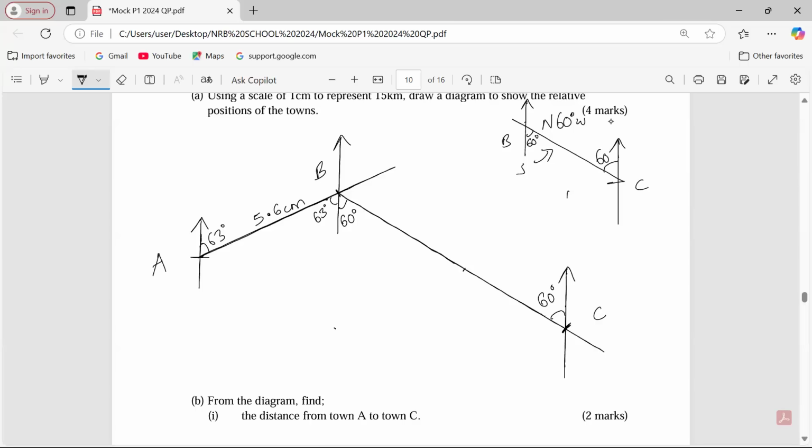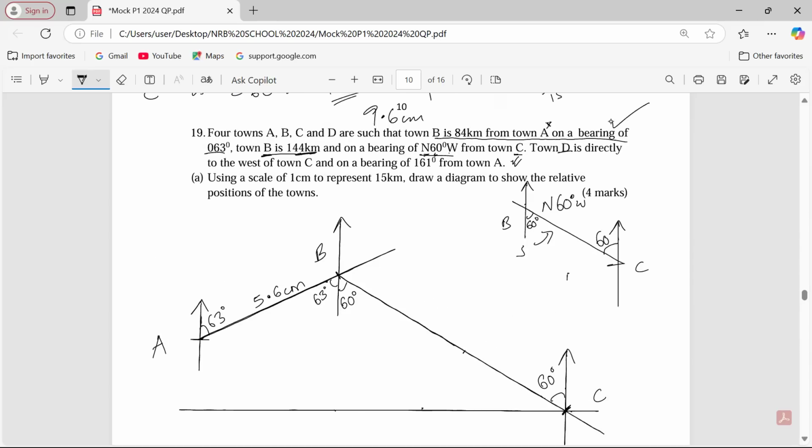So we just produce the line directly to the west. Anywhere along this line is directly to the west.